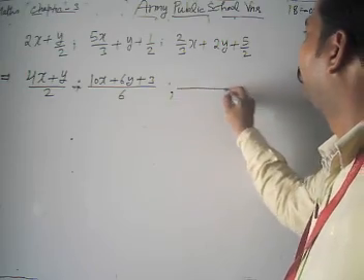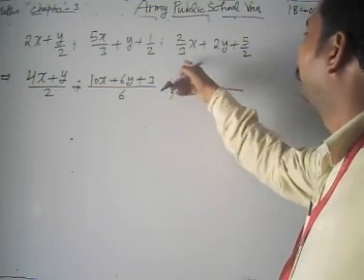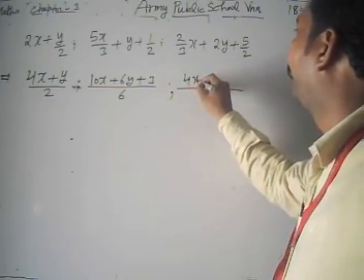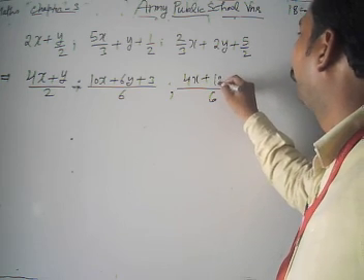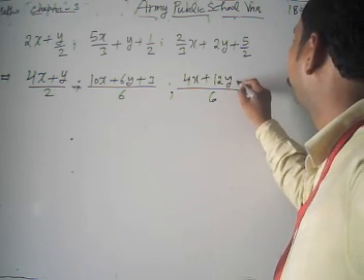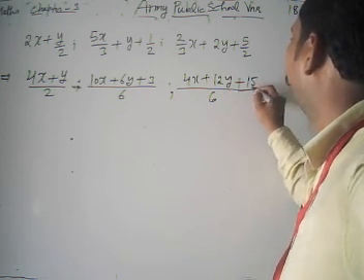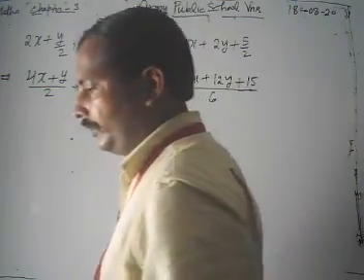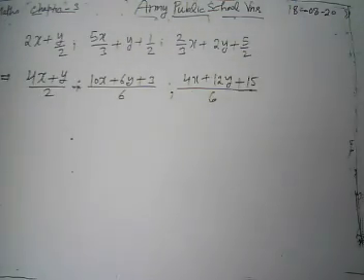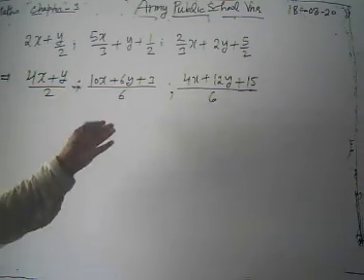Also we can solve our third, again LCM is 6. Then we get 4x plus 12y plus 15.